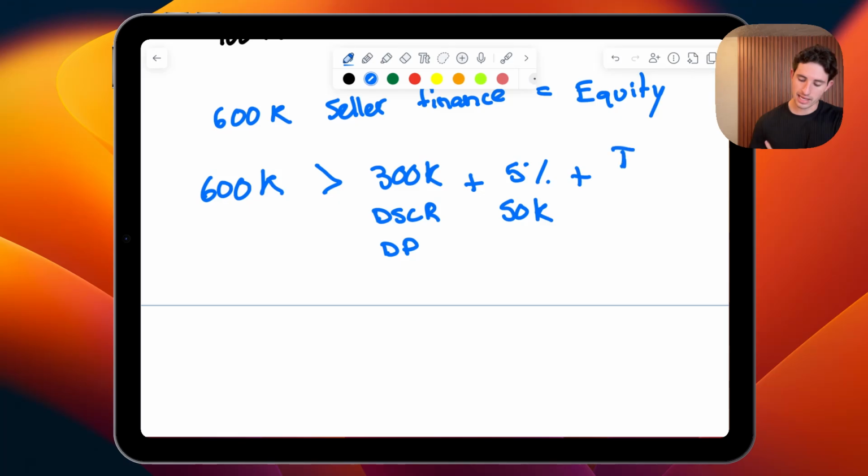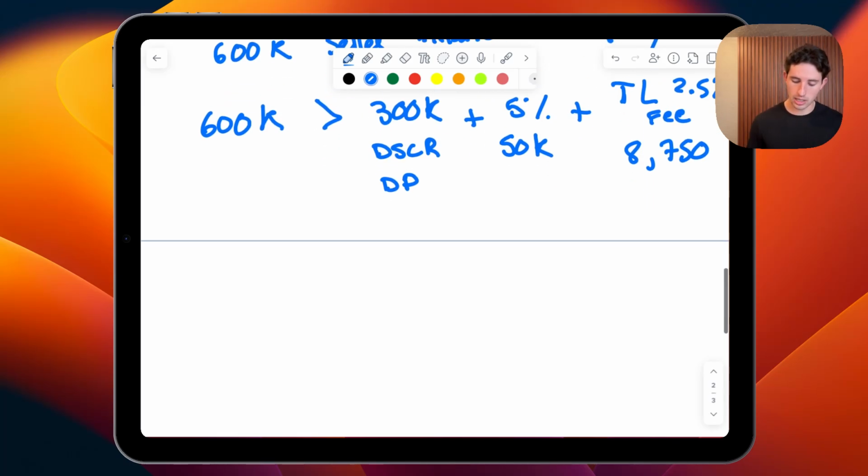Let's do the exact numbers: 2.5% from the DSCR down payment, which is 300,000, plus closing cost, which is 350, times 0.025, and we get 8,750 of transactional lending fee.